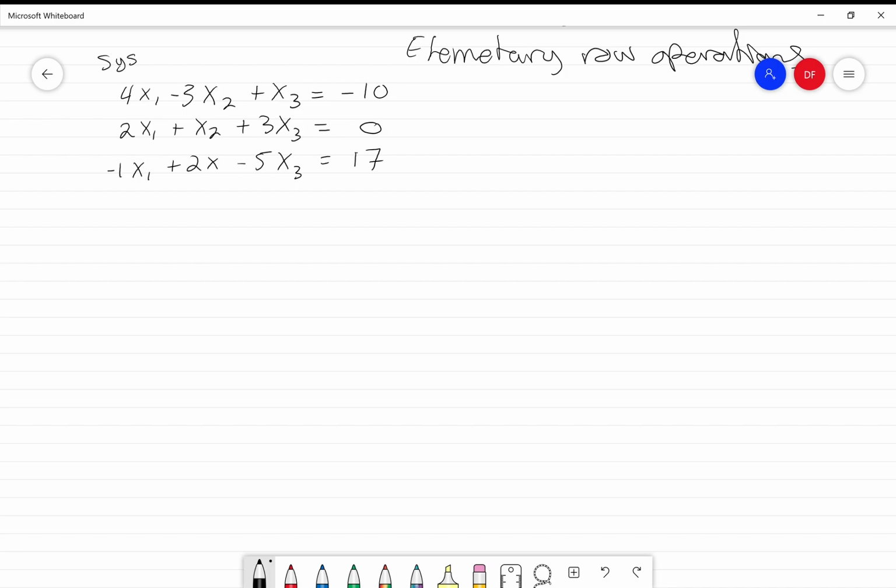This is a system of 3 equations with 3 variables, x1, x2, and x3. Okay.